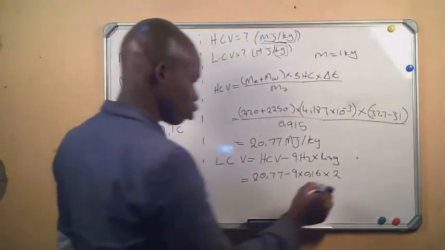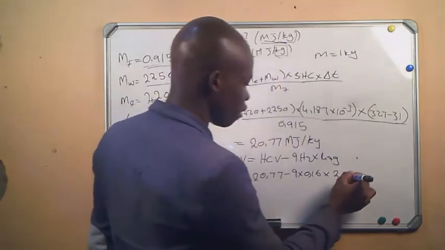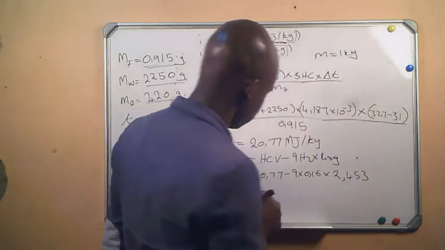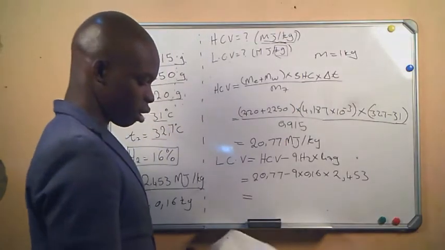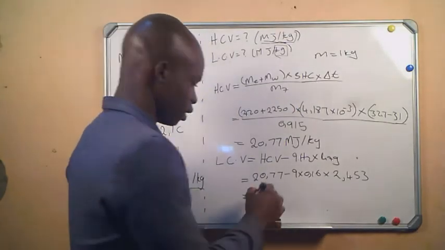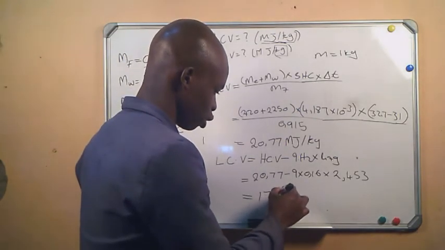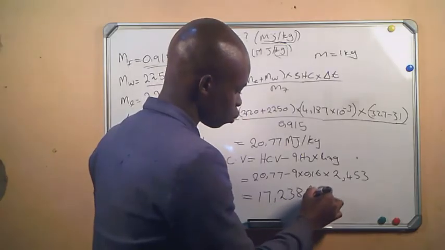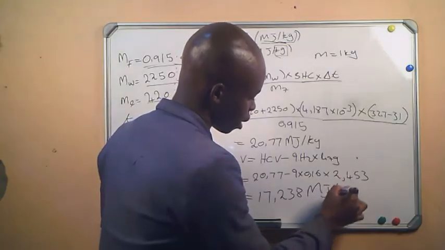And then it's 2.453, and I got my answer as 17.238 megajoules per kg.